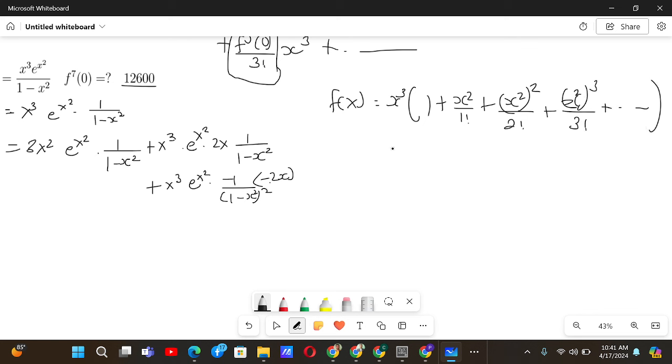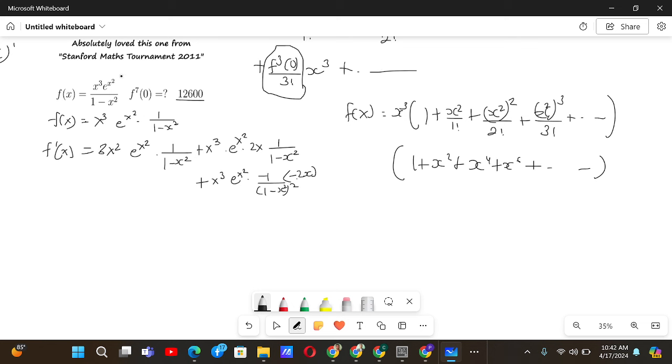Now the series expansion for 1 by 1 minus x squared will be 1 plus x squared plus x to the power 4 plus x to the power 6, and so on. If we multiply all of this, we get the series expansion for the entire function. But we don't need all the terms. We just need the term involving x to the power 7 and its coefficient, because this captures f7 of 0 by 7 factorial, which we want.